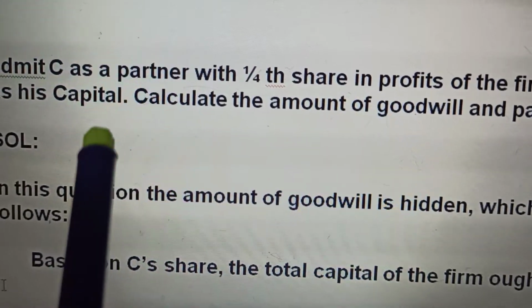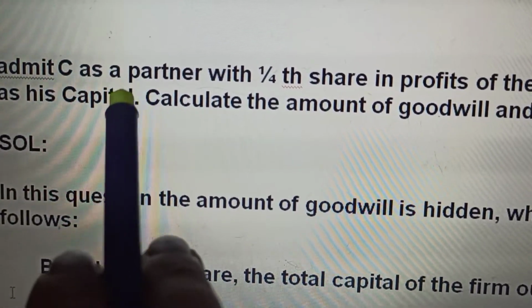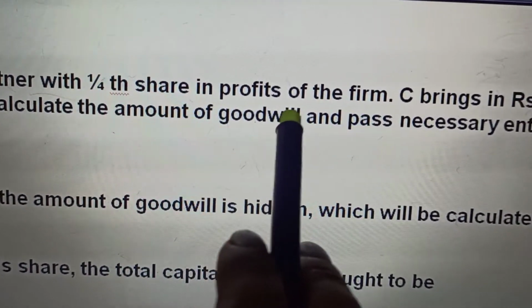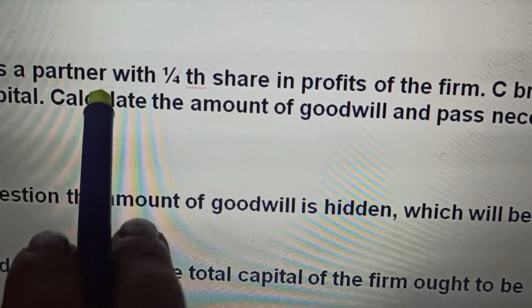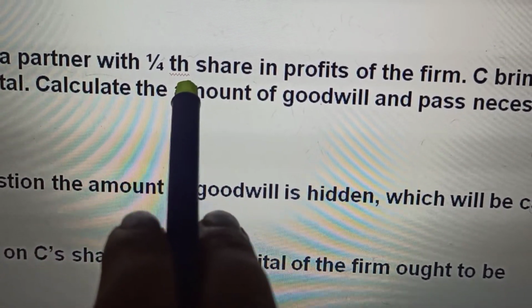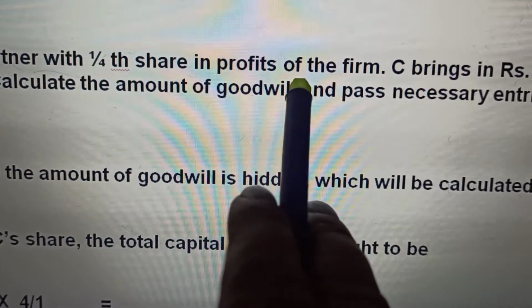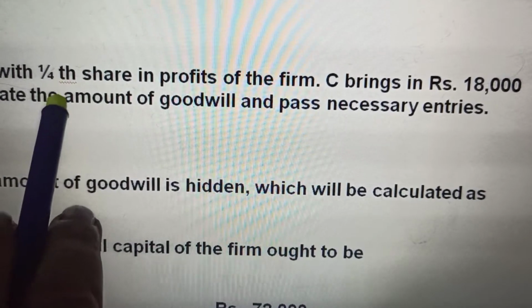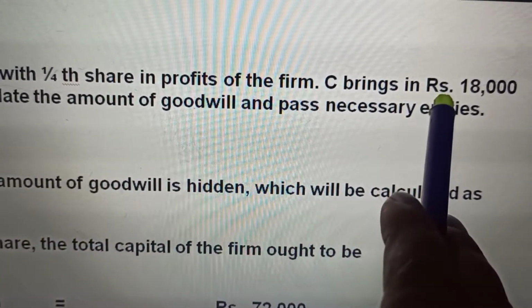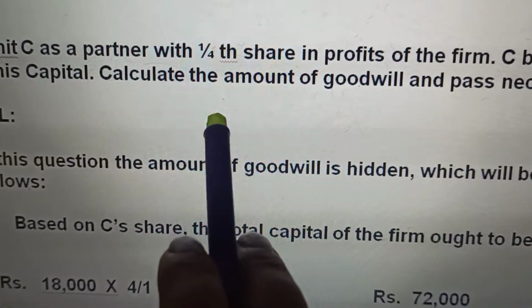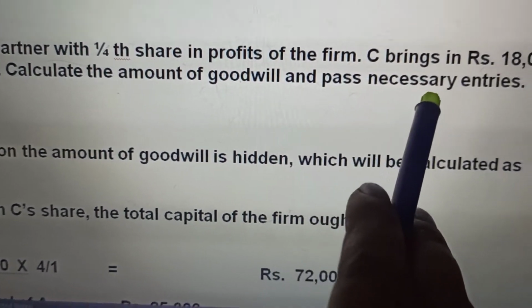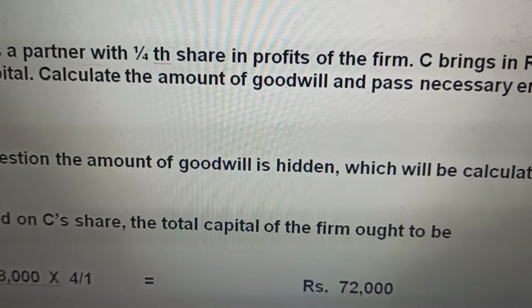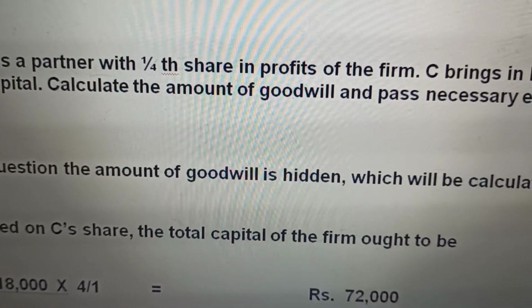Now they admit C as a partner with 1/4 share in the profits of the firm, and C brings in 18,000. That means for 1/4 share, C brings 18,000. Calculate the amount of goodwill and pass the necessary entries. That is what is asked: to pass the entries for goodwill.